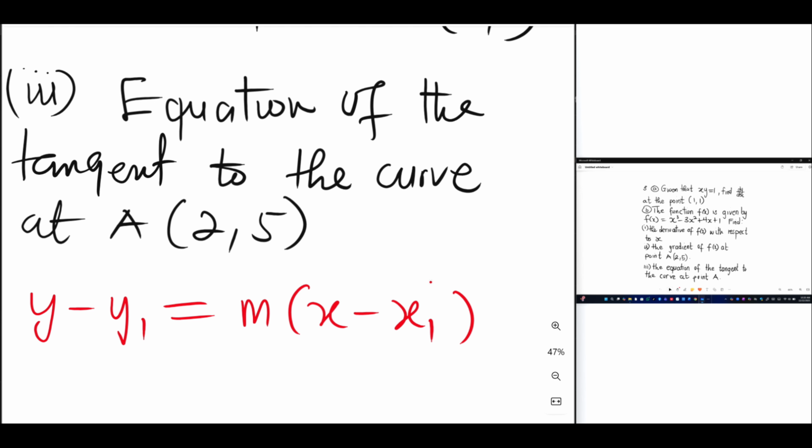And we know x1 and y1 to be the x and the y coordinate of the point on the tangent. All right. You only need a gradient and a point on any straight line to find the equation of the line.